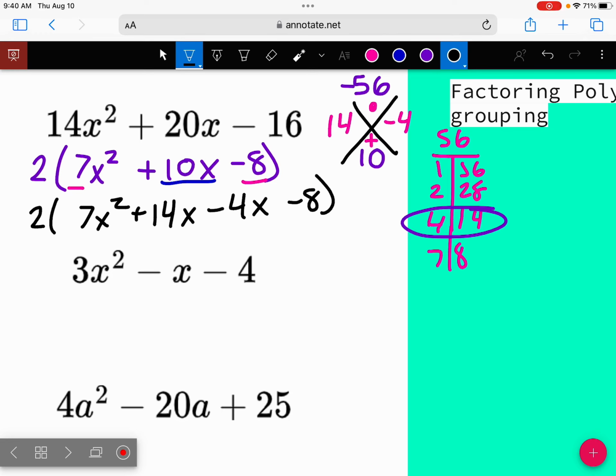All I'm doing is uncombining like terms. In which case, I'm going to break this thing into pairs. The fact that they're doing this one as the first one really annoys me here.